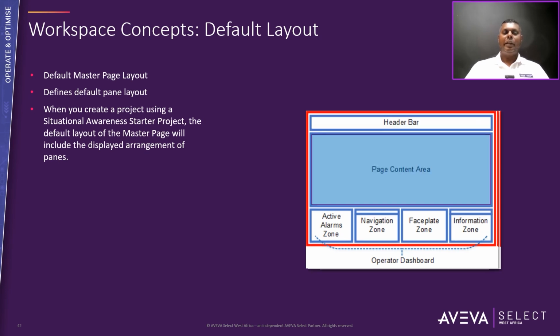The page content area displays the pages you create to represent your plant or production facility. An operator dashboard also appears along the bottom of the interface. It includes the active alarm zone, which is available on the 4K resolution only, navigation zone, faceplate zone, information zone.